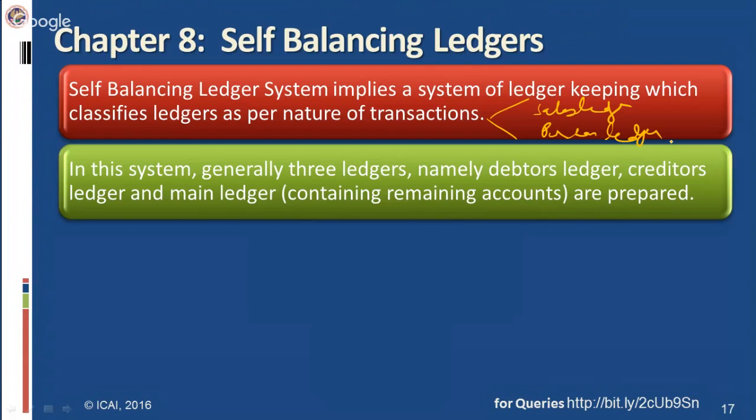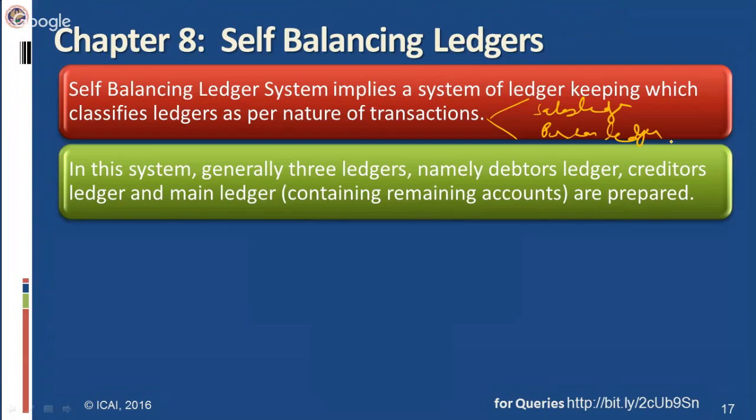This chapter will clarify all your doubts related to account keeping, with ledger keeping, how to maintain accounts. So this chapter is important for that particular purpose. When you go for audits, you will understand the relevance of this chapter. At this point of time, you may not think that the chapter is relevant.